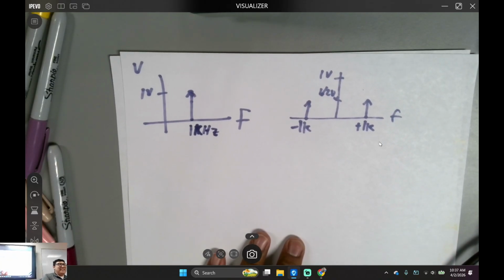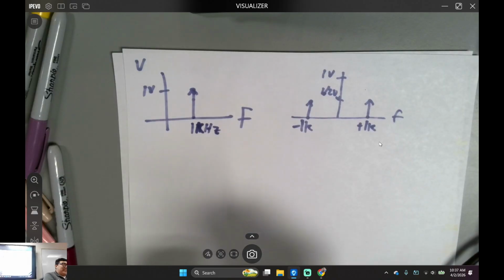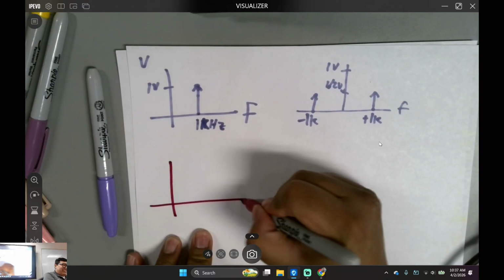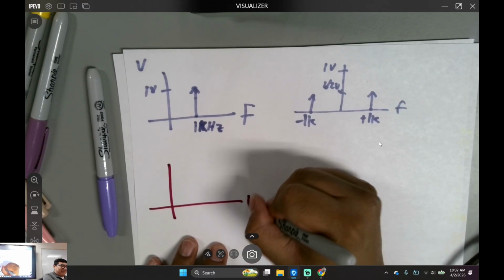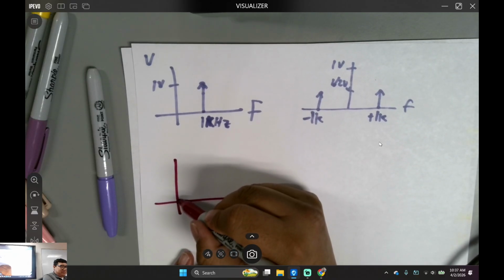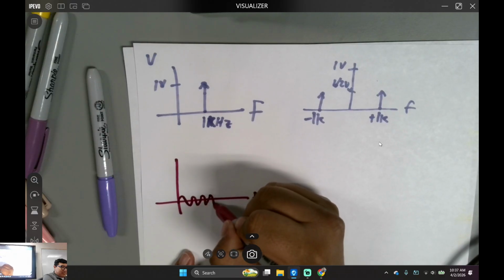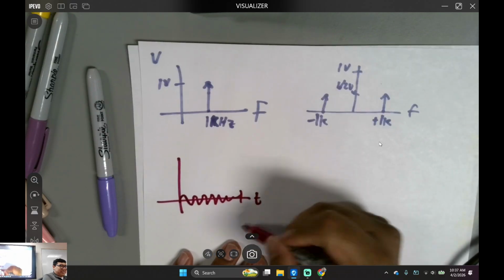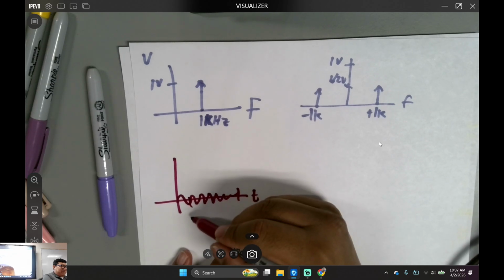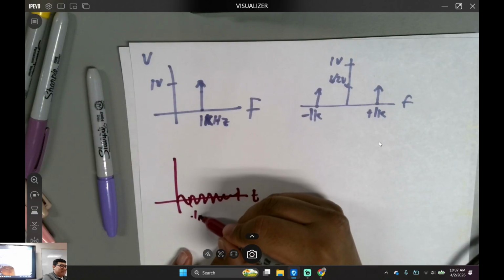Everyone understood that? Easy stuff. So let's just say I introduce another signal. I have some random signal like this, and I'm just going to do a 0.1 millisecond period.